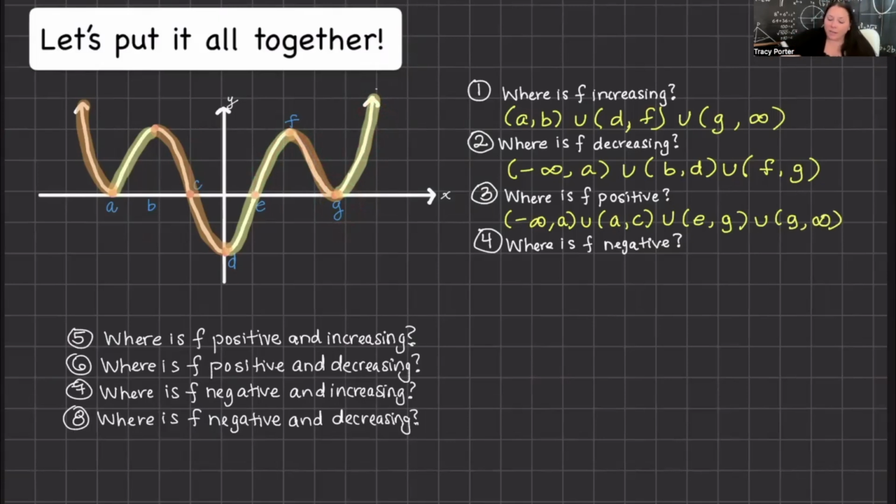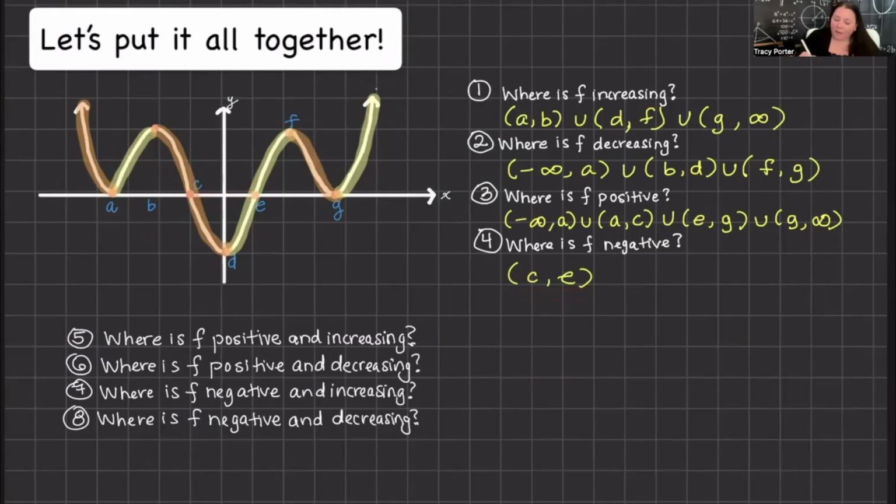And then where is it negative? It's only negative down here where it's below the x-axis. So that's going to be all the values that are between C and E. Okay, so all of the values between C and E, it's below the x-axis, so we'll say it is negative.